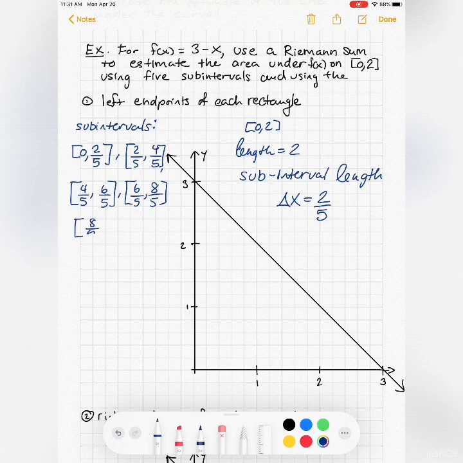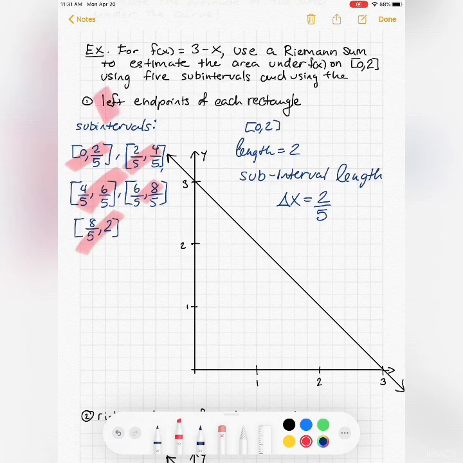And 8/5 to 10/5 would be 2. Okay, so you can see there I have 1, 2, 3, 4, 5 subintervals, which is what we were asked for.